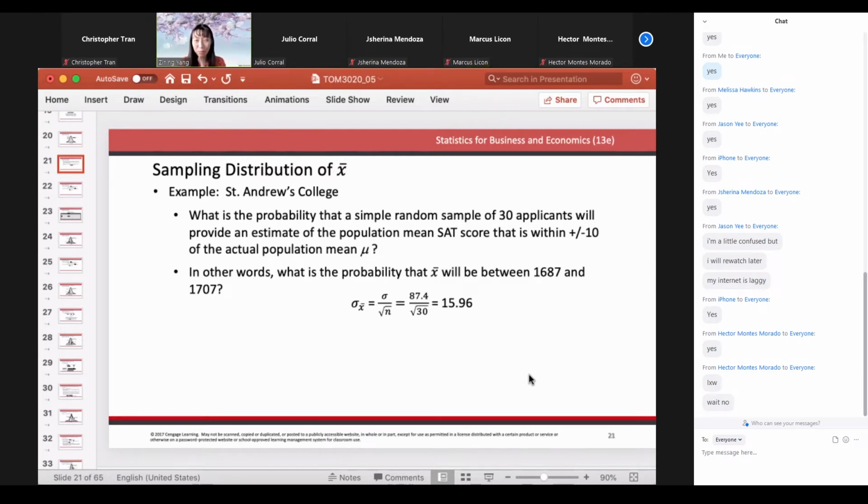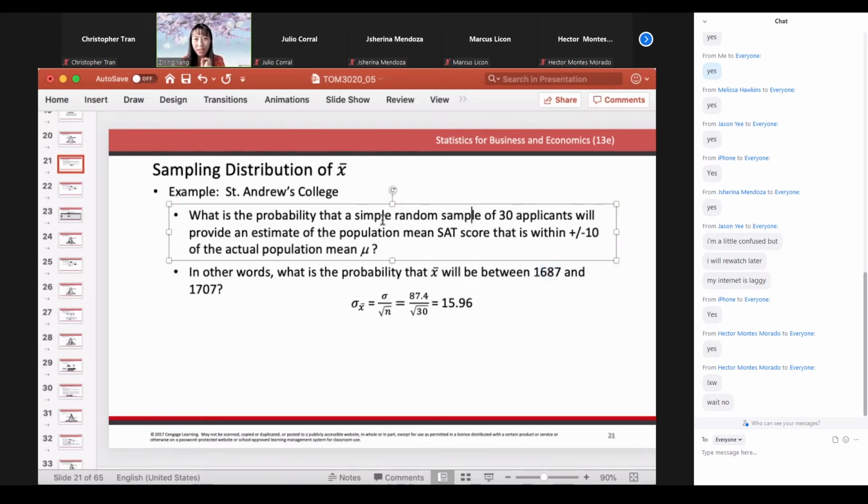You are 80% correct. So yes, that's 47% to be falling within this 1687 to 1707 interval. So that's correct, the probability and the interval.